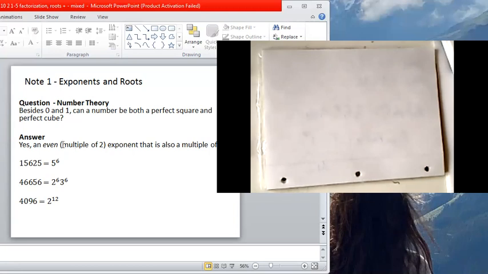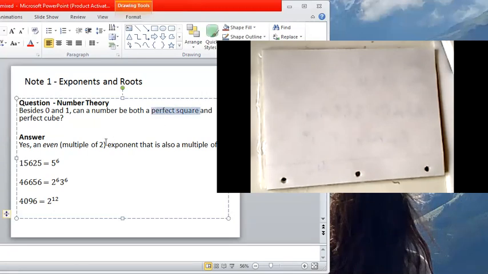Yes. What to look for? Well, for a number to be a perfect square, the exponents have to be even, a multiple of 2. And to be a perfect cube, the exponents have to be a multiple of 3. Importantly, at the same time. So how does this happen?